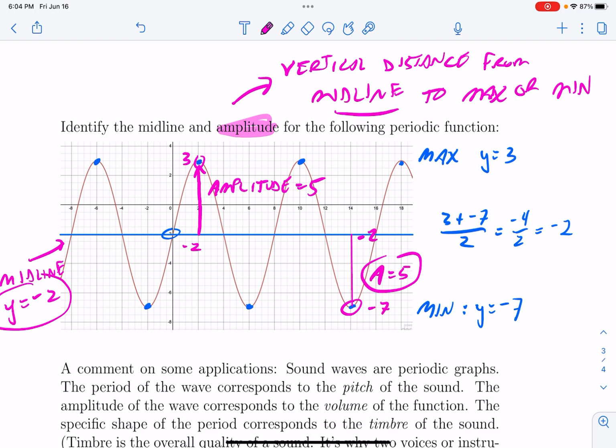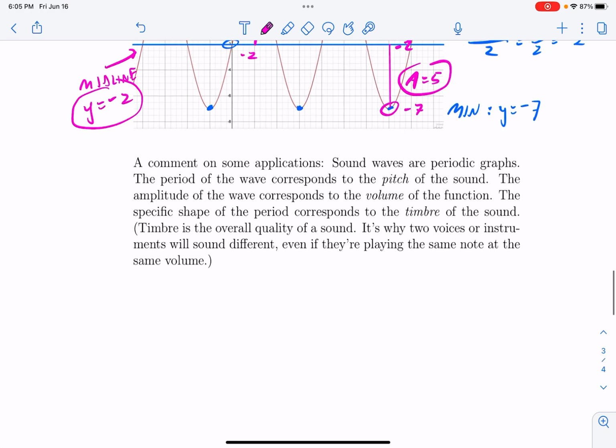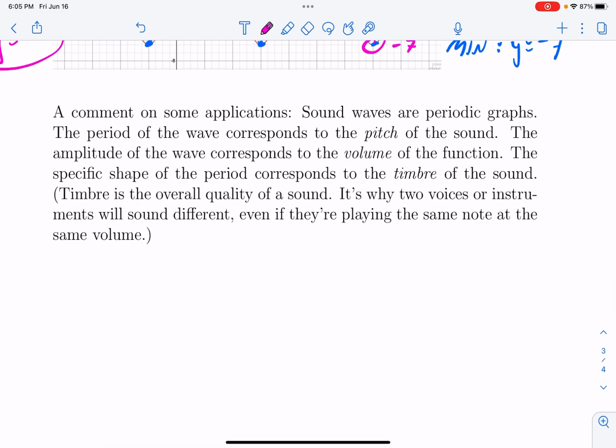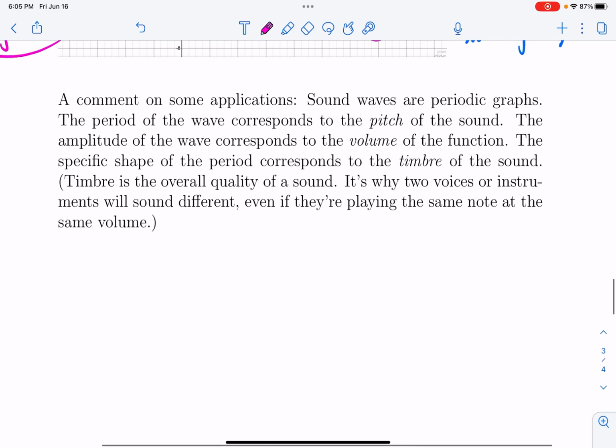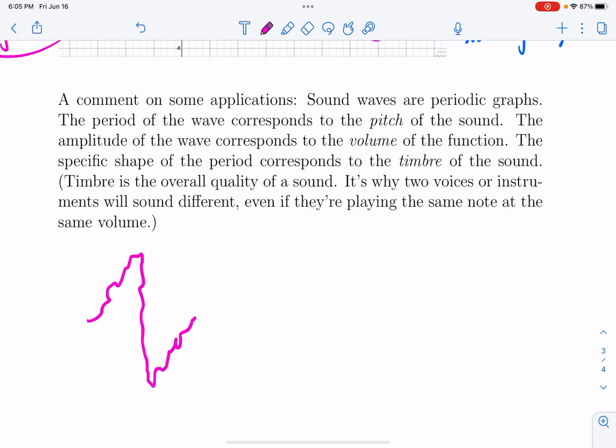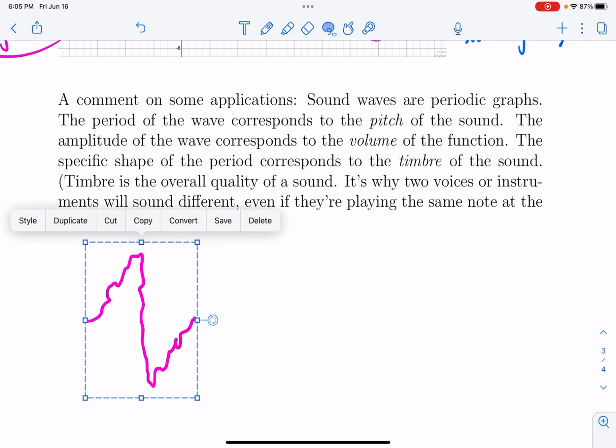And then just a little comment here on applications, and you'll see more of this in homework problems, I think. One example of periodic graphs is a sound wave. If you were to use some sort of computer analysis of a sound wave, you might see some graph that does something like this, and then it's going to repeat that pattern. Let's see if I can use Notability to cheat on this.